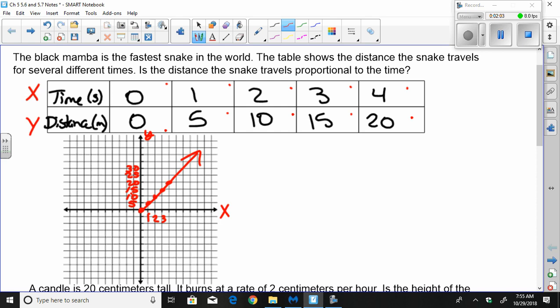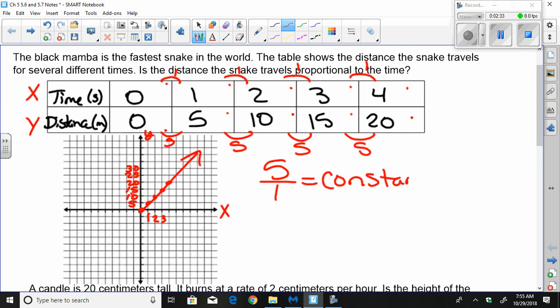You can also look at the ratios. Actually, we're not just looking for the rate. 5 over 1. So the difference in the y's is 5. The difference in the x's is 1. So we have a constant rate of change.